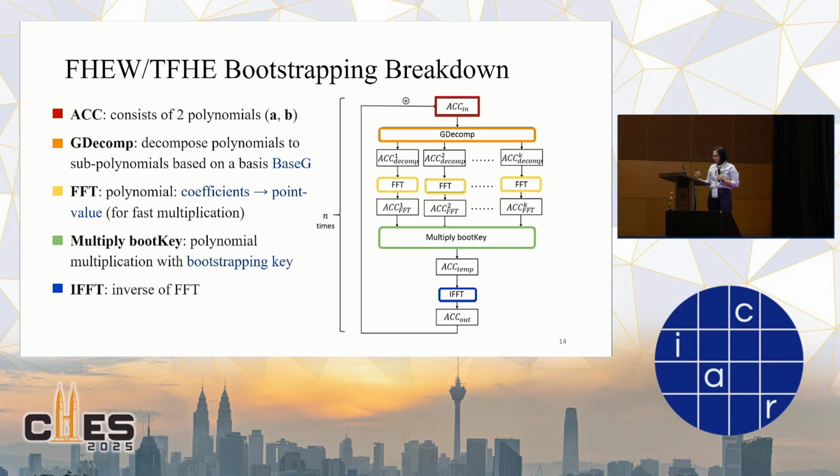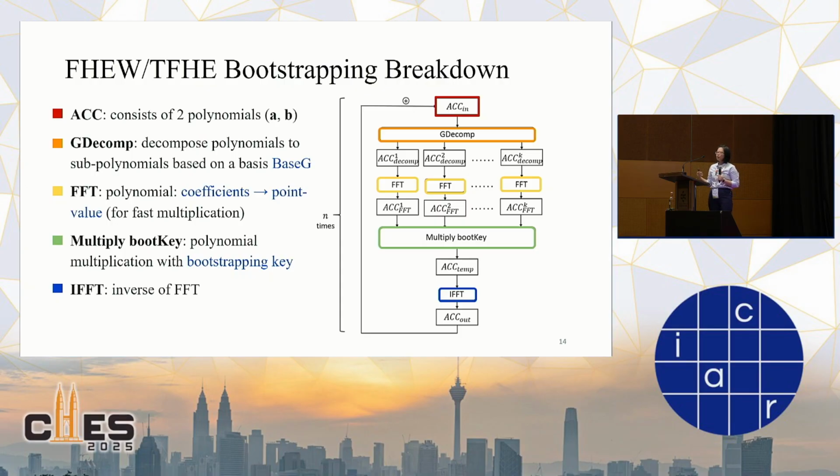Now we will explain how we achieve such acceleration. First, I introduce bootstrapping algorithm and the key components involved. The process consists of 4 major components. ACC is a set of polynomials called accumulator.